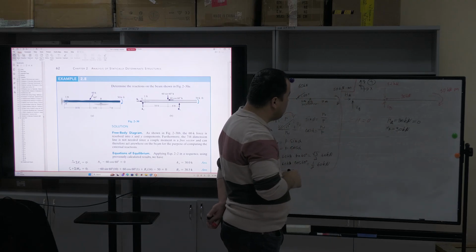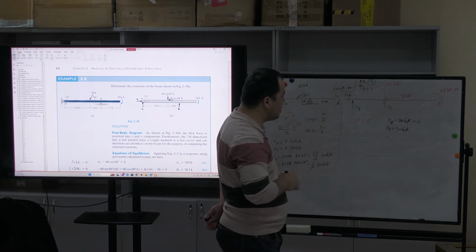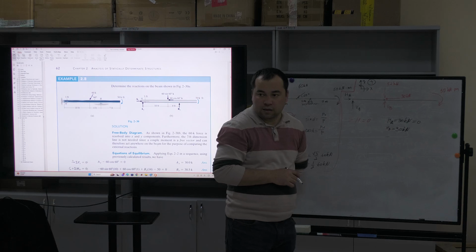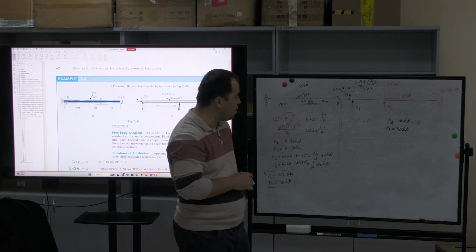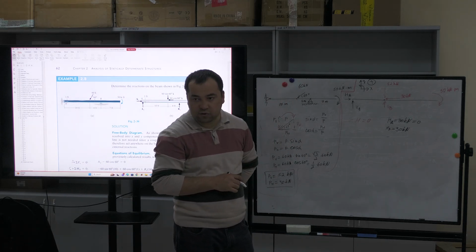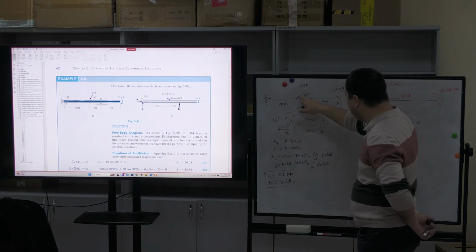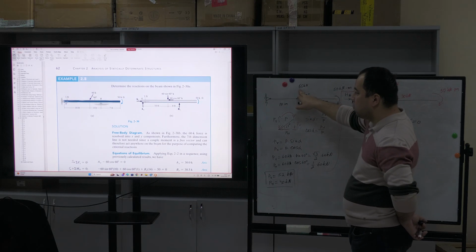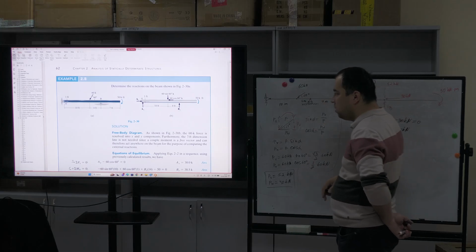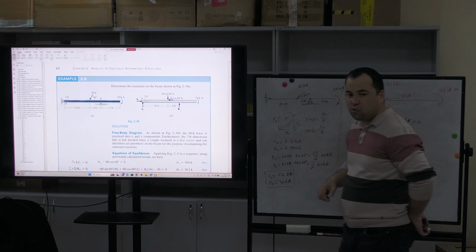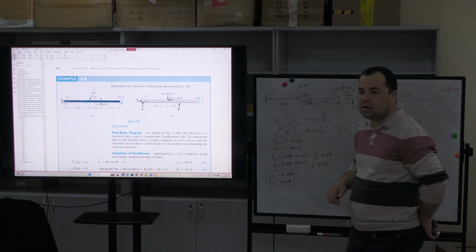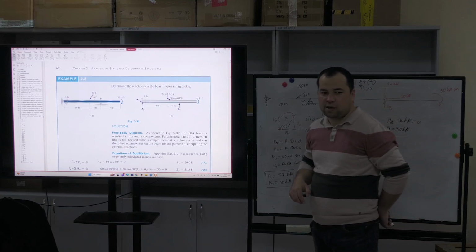Next, how many vertical forces exist? Two reaction forces and one external force. The external force is the component of the force P, which for the beginning was 60 kilonewton. Actually, 60 kilonewton is quite a big force. It's about 6 ton mass.